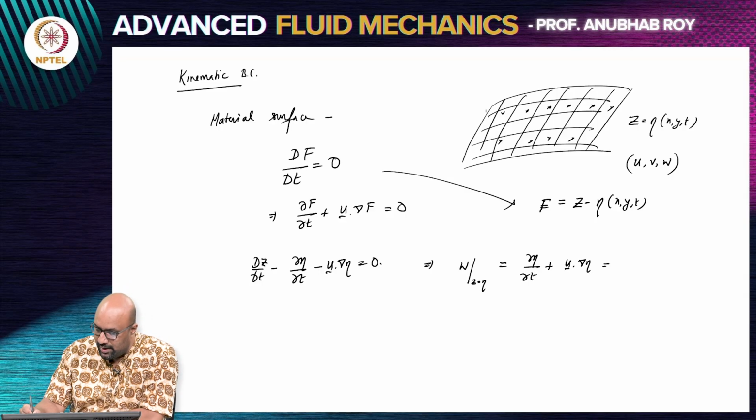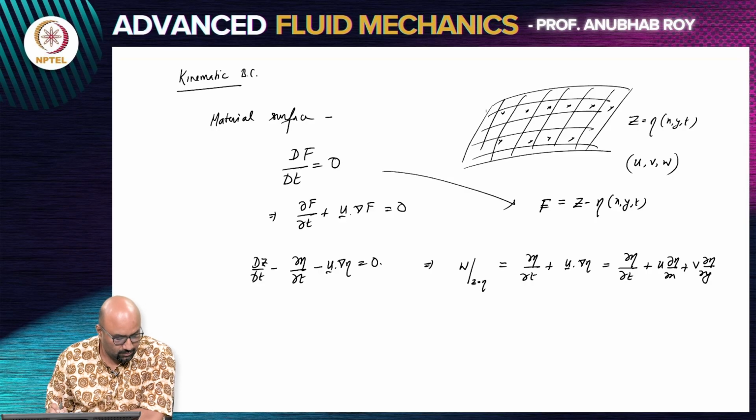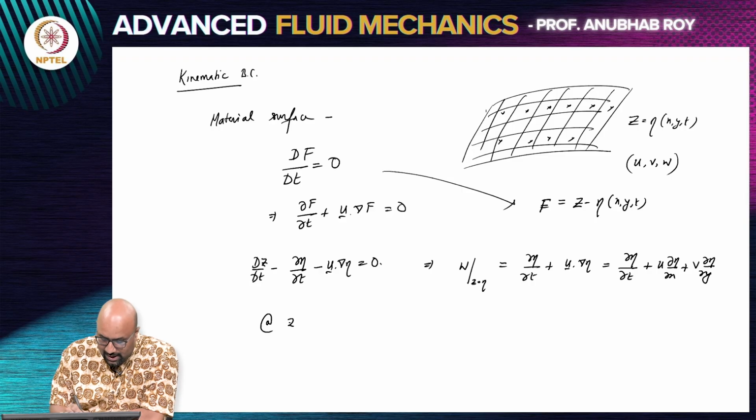If you were to write it down, you have ∂eta/∂t plus u ∂eta/∂x plus v ∂eta/∂y. So the kinematic boundary condition is that at z equals eta, I have w equal to ∂eta/∂t plus u ∂eta/∂x plus v ∂eta/∂y.